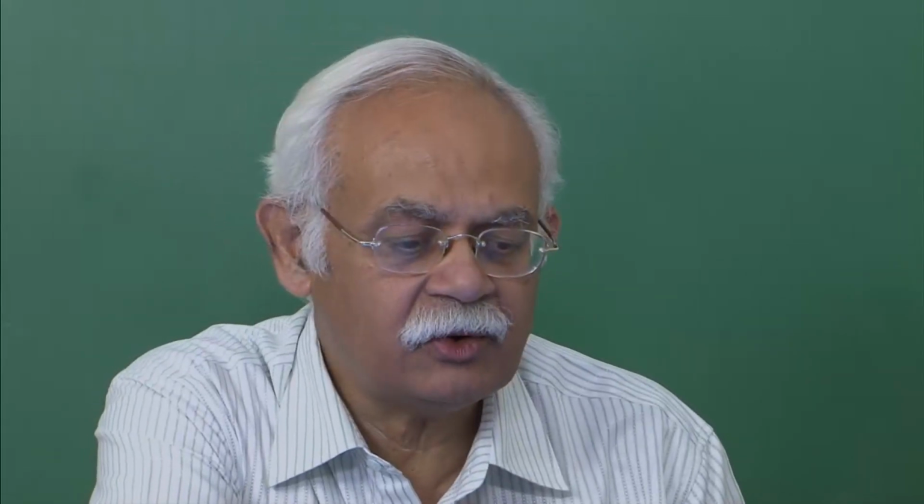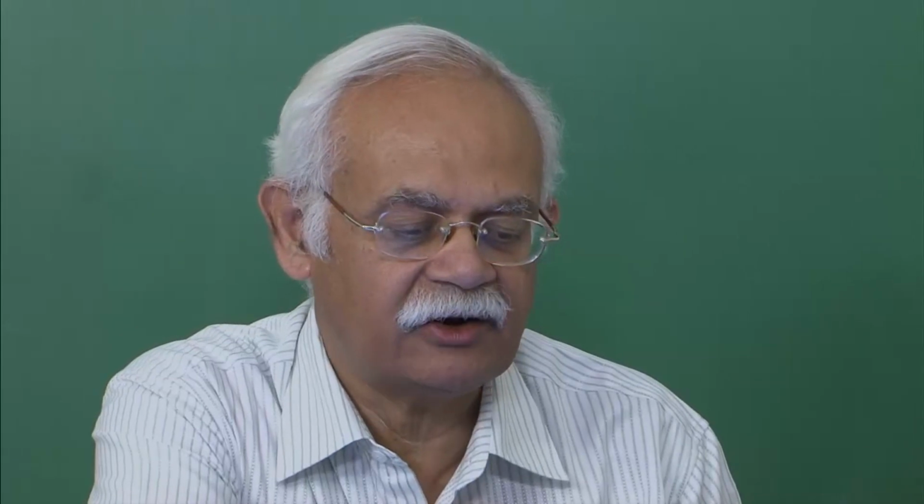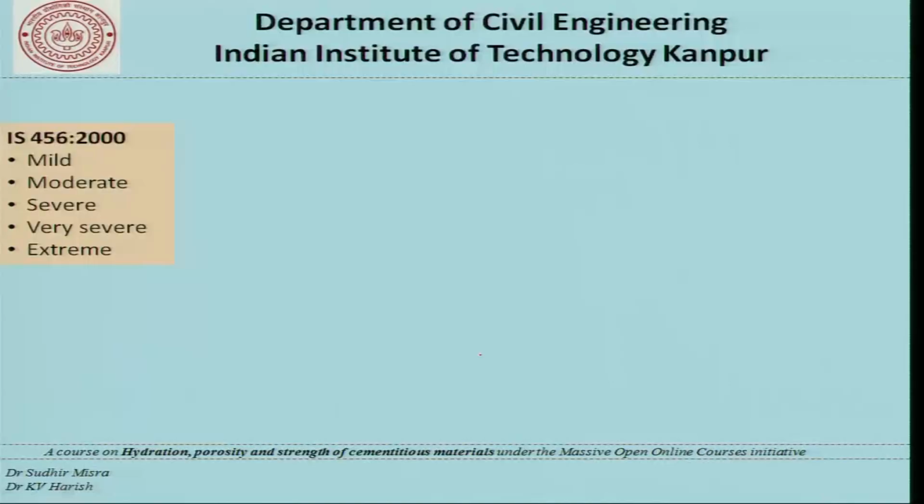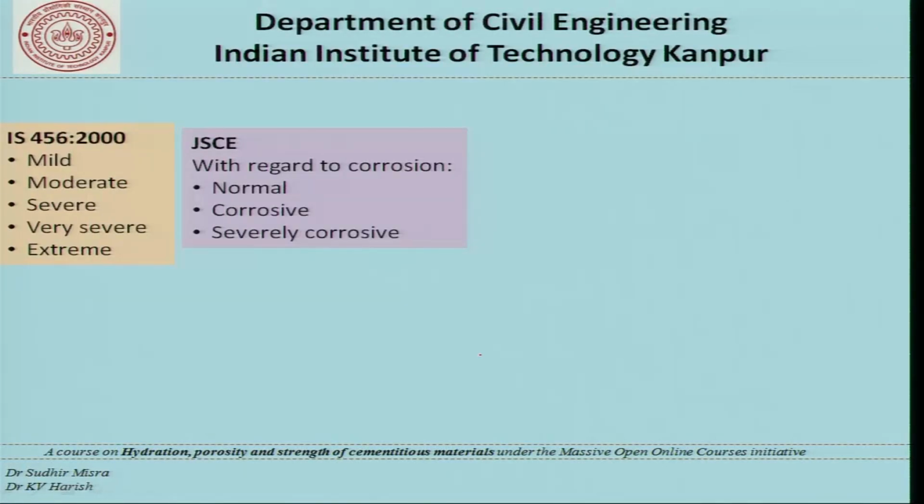There are also guidelines available, as we will see, on how to classify a structure into a mild or a moderate or a severe classification. Coming to another code, let us talk of JSCE, which is the Japan Society for Civil Engineers, and from the point of view of corrosion, it has classified the environment into normal, corrosive and severely corrosive.